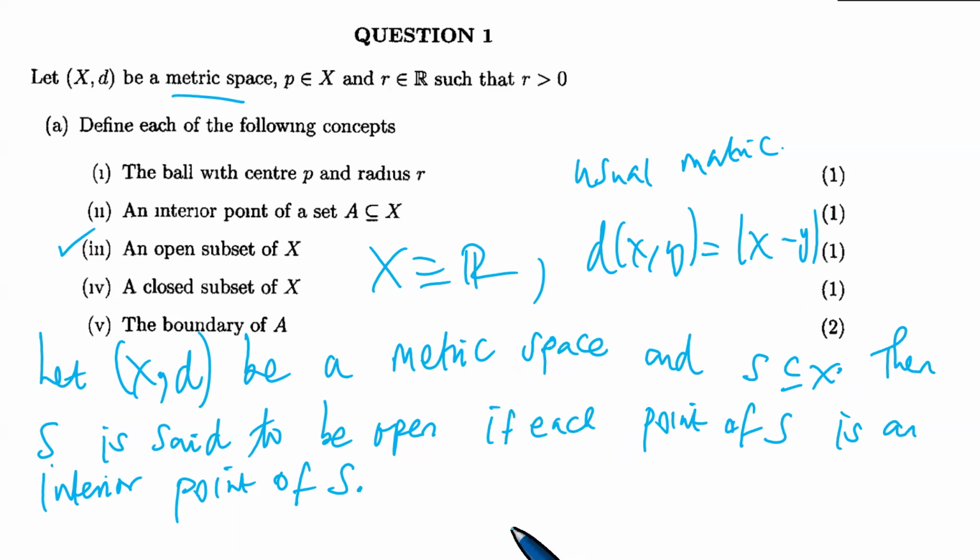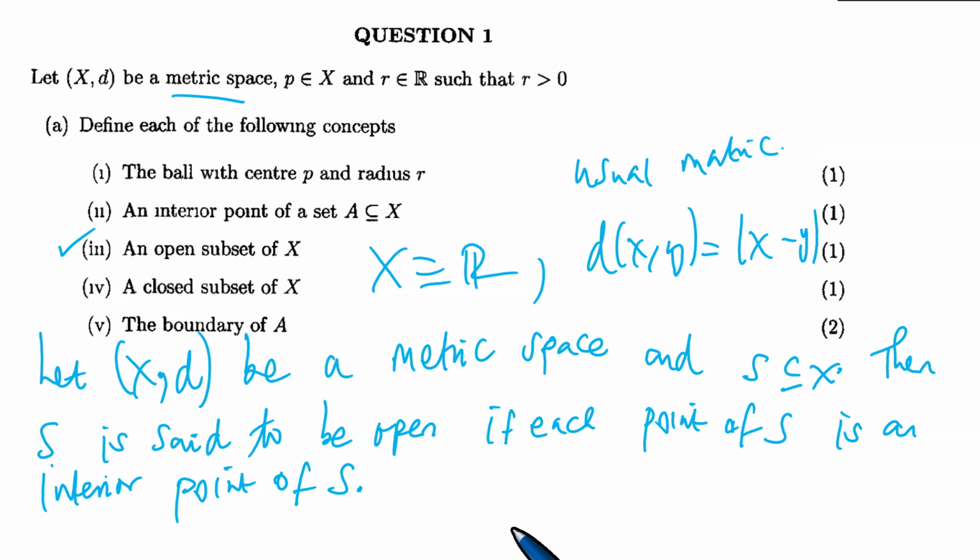Let (X, d) be a metric space, and S be a subset of X. Then S is said to be open if each point of S is an interior point of S. We repeat.